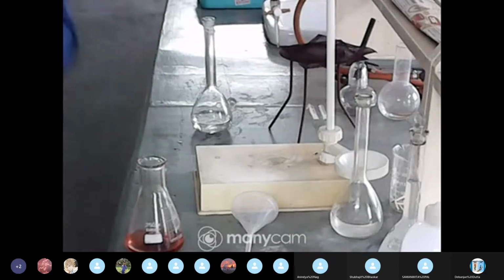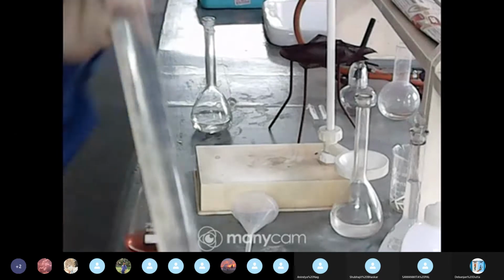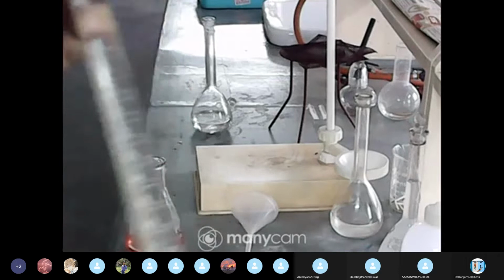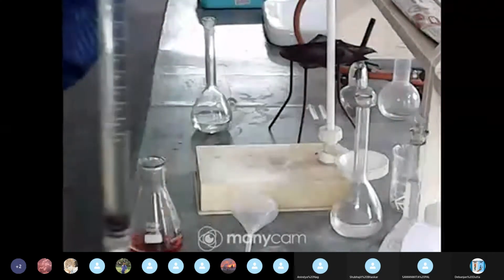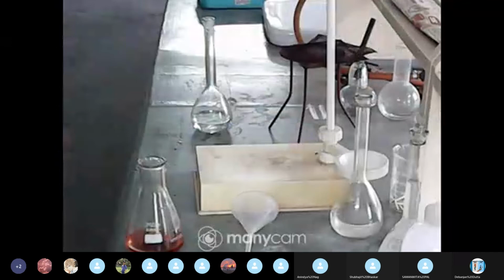The first reading is 24.8. How to take the reading? There is a mark on the wall. You have to make the reading parallel to your eyes and take this mark. This is 24.8. So this is the first reading.